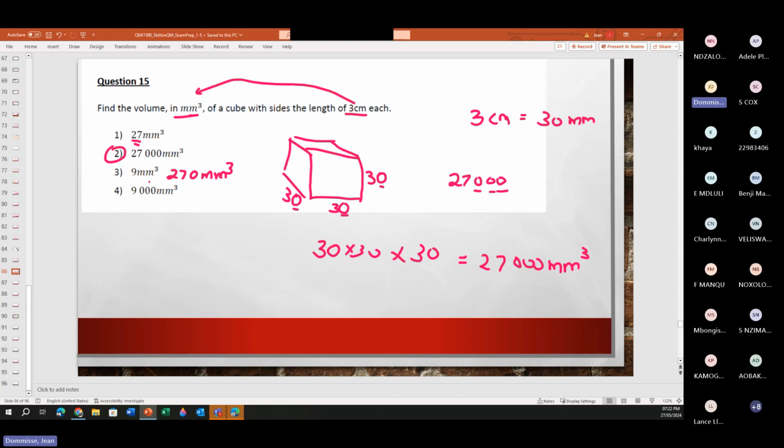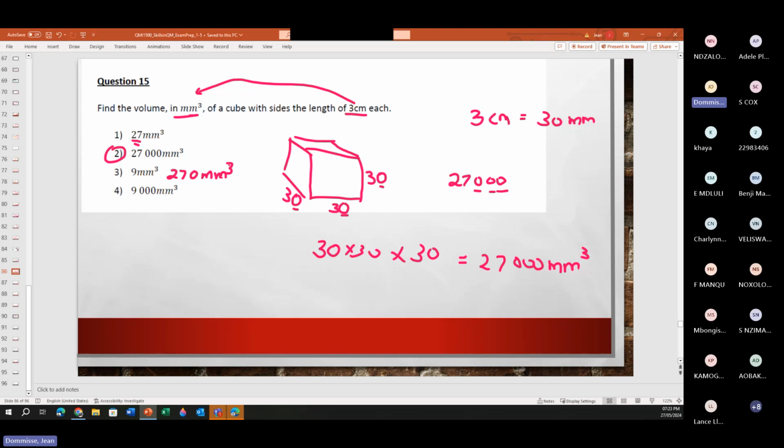So that's sometimes why they would give you the 27, because if you just worked with the 3 threes, sometimes they also give you an option of just taking that 27 and adding the extra 0, because that's normally what we would have done if we only look at one side.